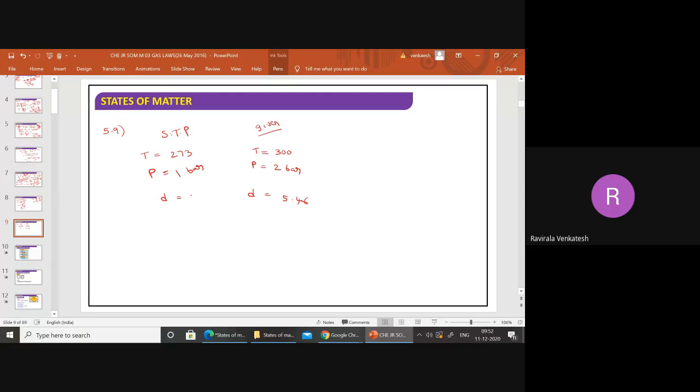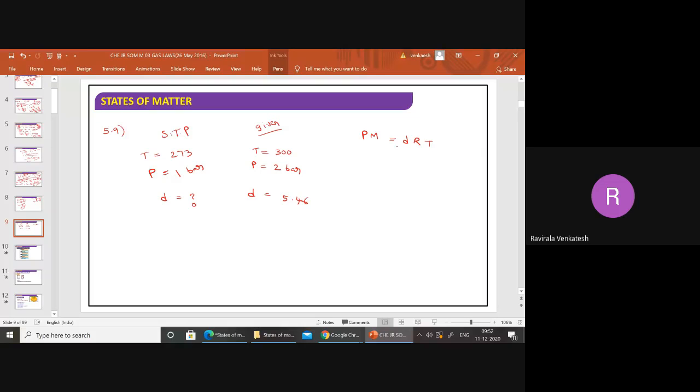So which formula do we have to take in this case? We already know that PM is equal to DRT. Correct or not? One equation we will take for STP and the other for the given conditions.